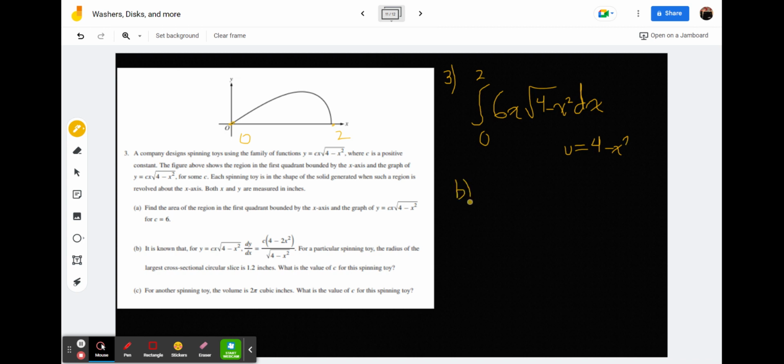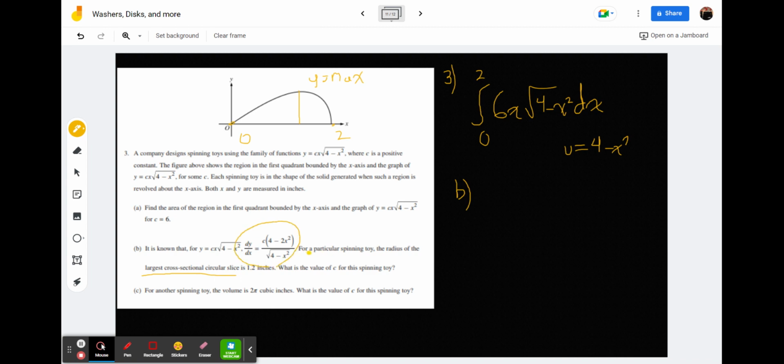B. It is now known that for y equals cx root 4 minus x squared, dy by dx is equal to this. For a particular toy, the radius of the largest cross-sectional area slice is 1.2 inches. So what is the value of c? The largest cross-sectional slice is basically saying up here, when y is at its max. So recall that something is at its maximum when the derivative is equal to 0.